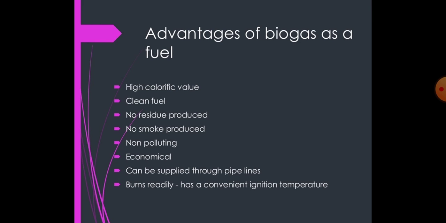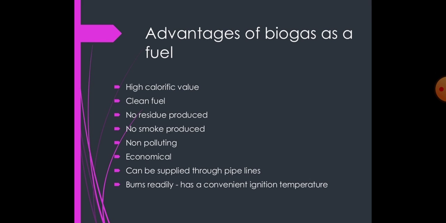As everything is underground, there is no leakage or smoke which can harm the environment. Only the gas which is produced, we can use it directly as a cooking fuel. Non-polluting, so there are no extra gases which have to be released in the atmosphere, which may create some pollution.